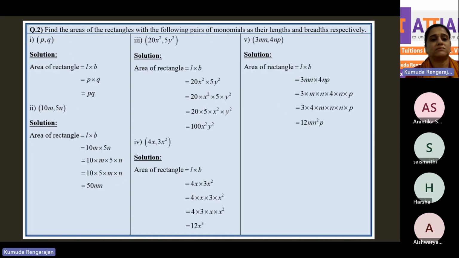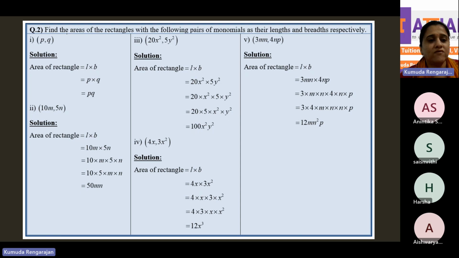Again, area. Okay. Find the areas of the rectangles with the following pairs of monomials as their lengths and breadths respectively. This one is a monomial, this one is a monomial. This one represents the length, this one represents the breadth of the rectangle.